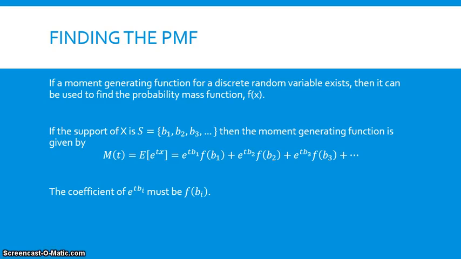Now, the other thing we can do with the moment generating function is use it to find the probability mass function.